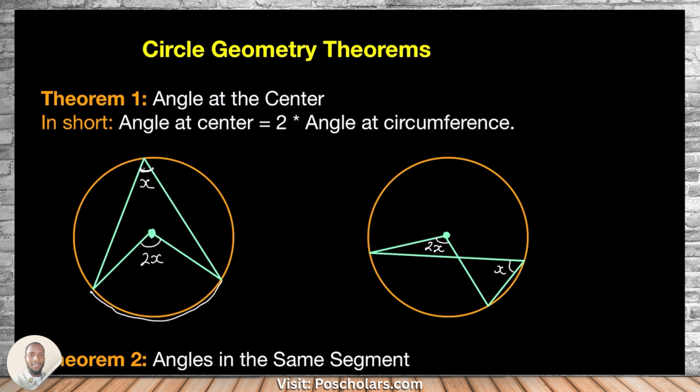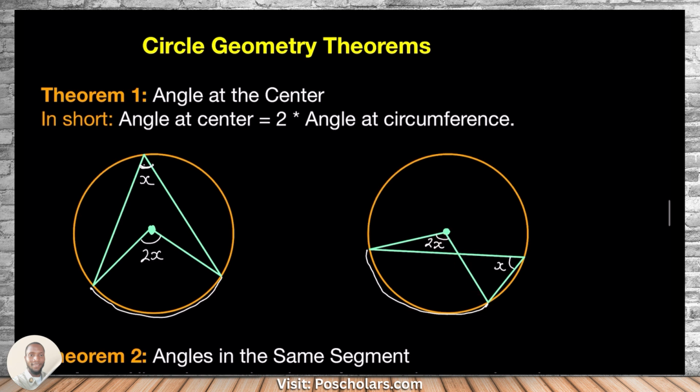Like I said, you look for an arc that combines both center and circumference. Now where's the arc? This is the arc from here to here, right? You can see the angle at circumference is associated with this arc, while the angle at center is also associated with this arc. I believe it's well understood.